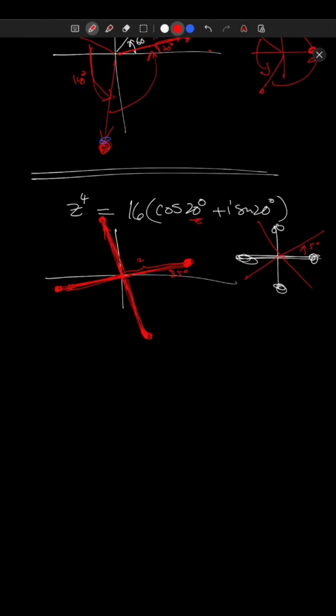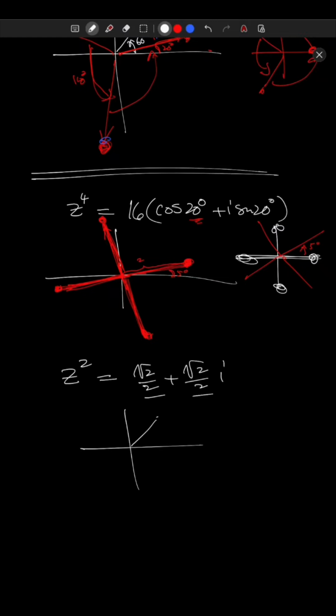And one more comment. If I'm solving z squared is equal to, let's say, root 2 over 2 plus root 2 over 2 i, this is going to be 45 degrees right there. I'm doing z squared, so that means I'm going to be at half of 45 degrees.